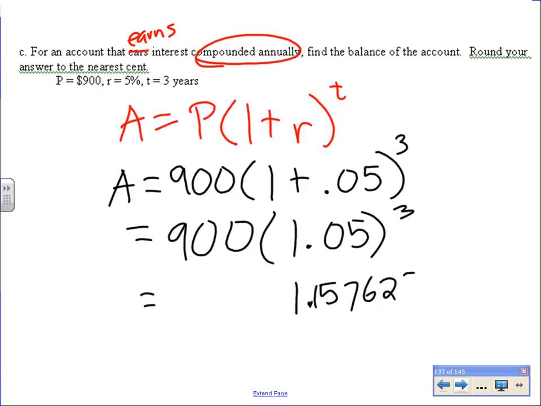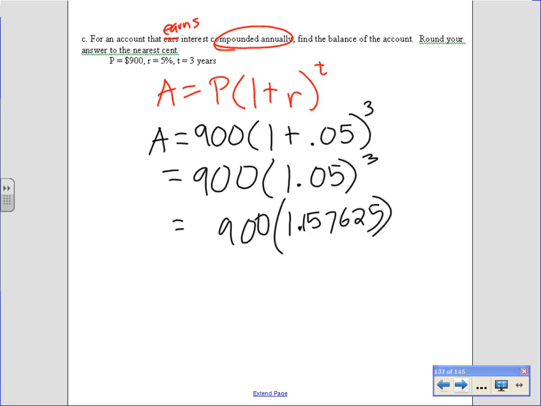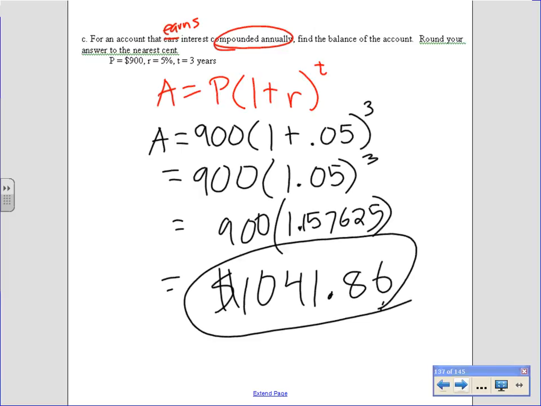Good job. Just making sure. And then the 900 stays in front. Our last step is to multiply 900 times the decimal that Abigail just gave us. So what is the balance, Ben? 1041. Good job. 0.86. Good job. $1,041.86. Gio.